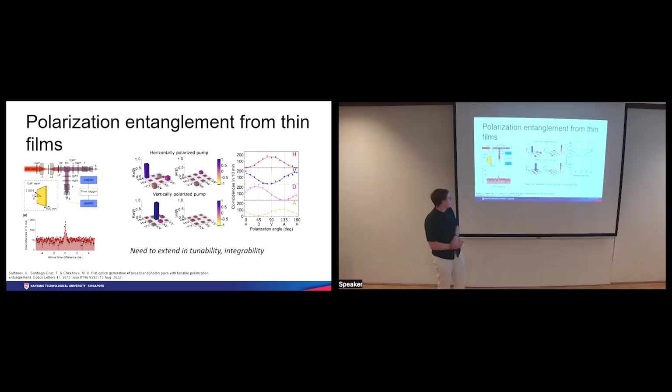But even in this case, the nonlinear coefficient of this material is still in the same range as what you would have with bulk crystals. So when you make it very thin, you would have extremely low emission rates. I think for the coincidences here, I don't remember exactly how much power they used, but they had to use a lot of power to even get this kind of emission rate.